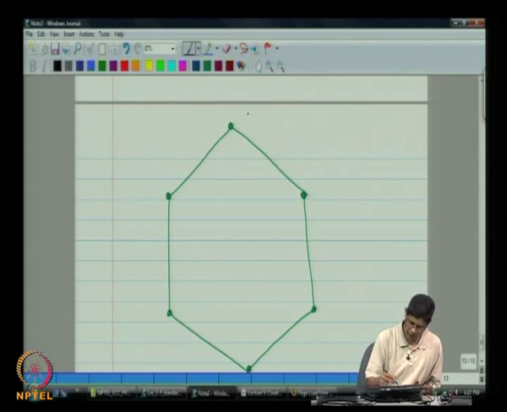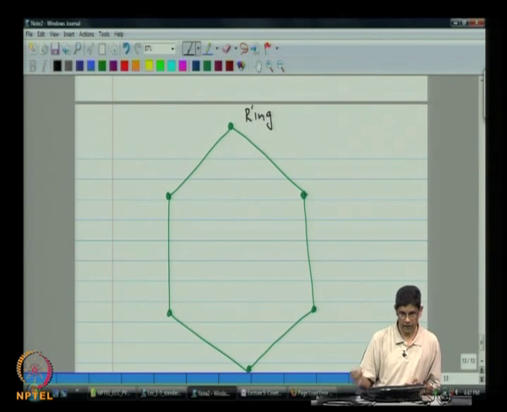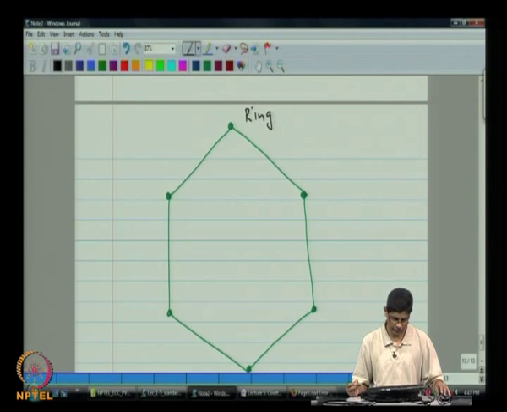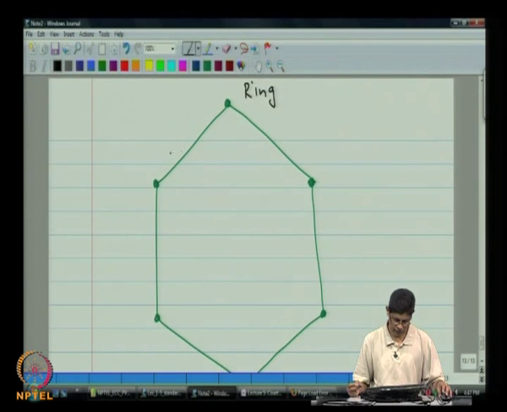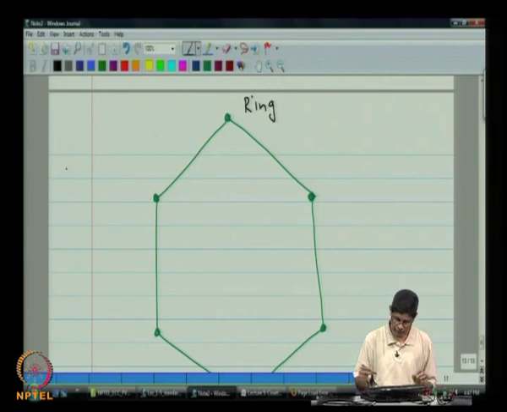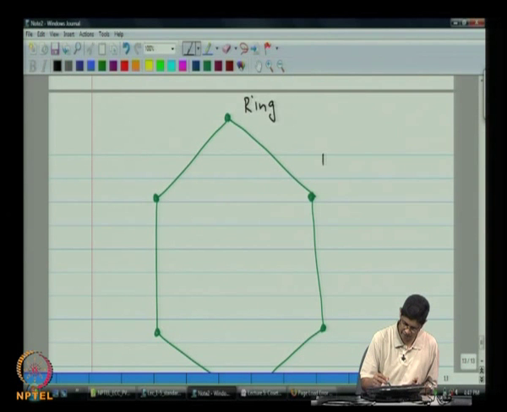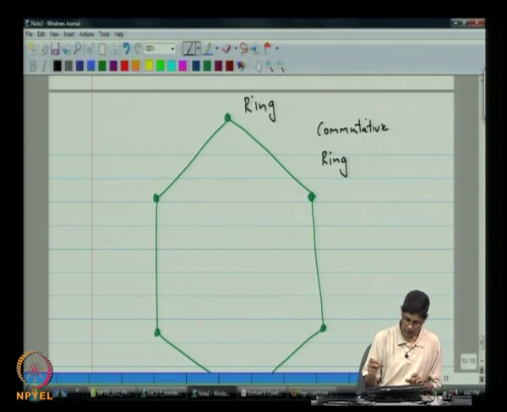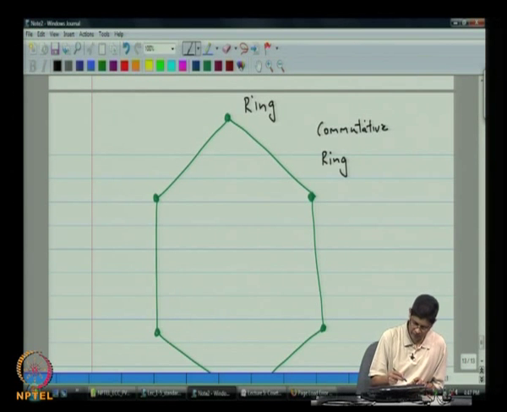Well, at the very top you just have a ring, as we have defined it. Now, to this side we have a ring which is commutative. So, we have a commutative ring. On this side you have rings with identity.